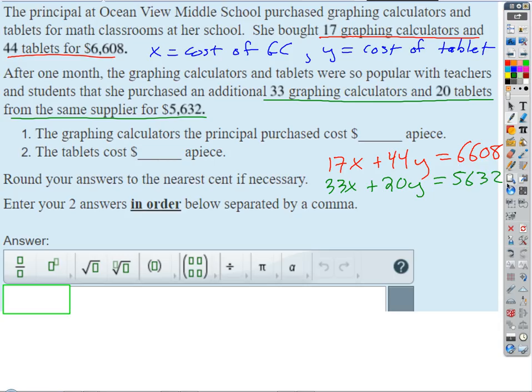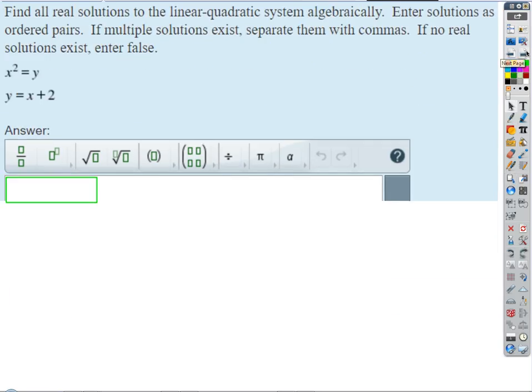And then once we get there, it's a piece of cake. Now it's just a linear system, right? And they just ask us to round to the nearest cent, so that's the nearest hundredth of a dollar, right? So use your calculator and find the decimal answer. No big deal.